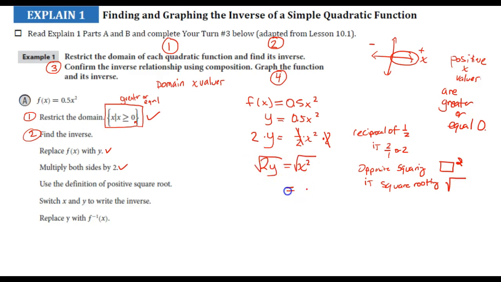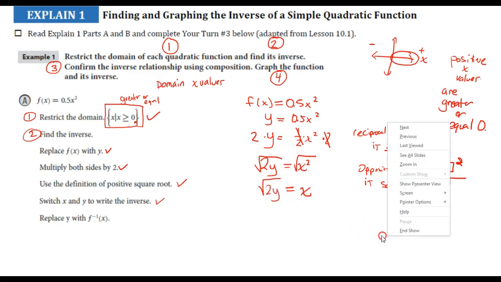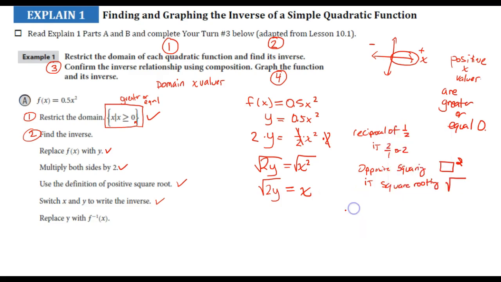Alright, so that would be x equals the square root of 2y. The last thing we're going to do for step 2 is to actually switch the x and y values.